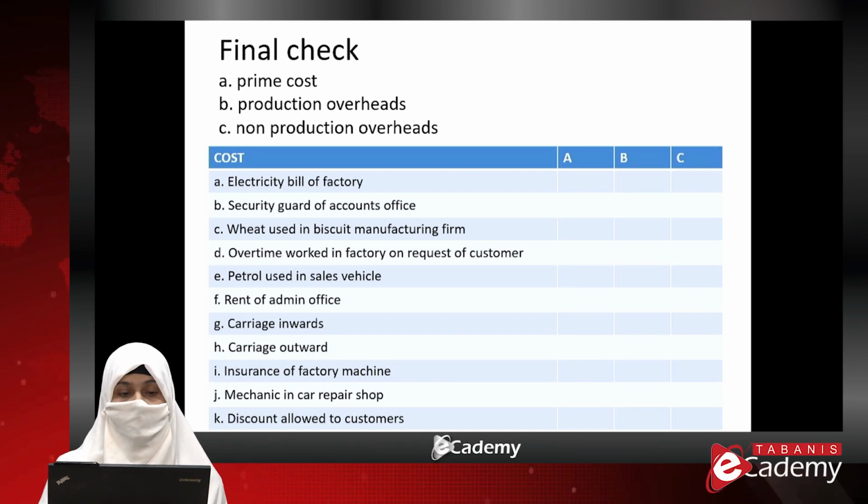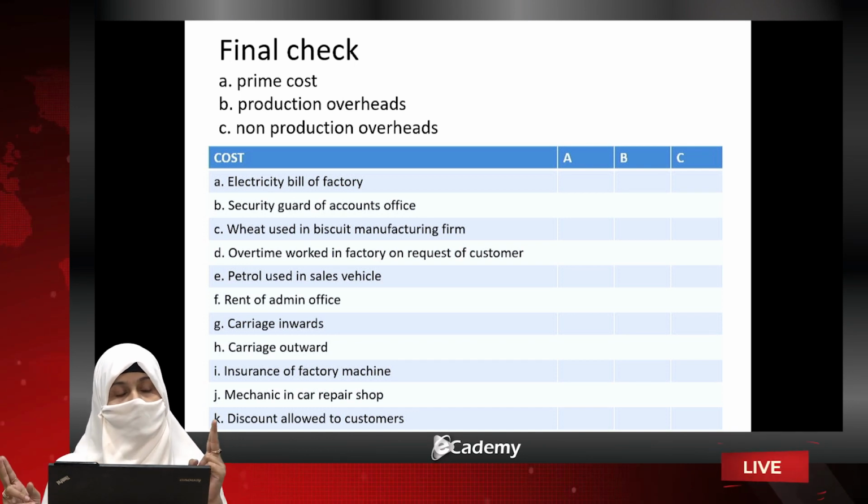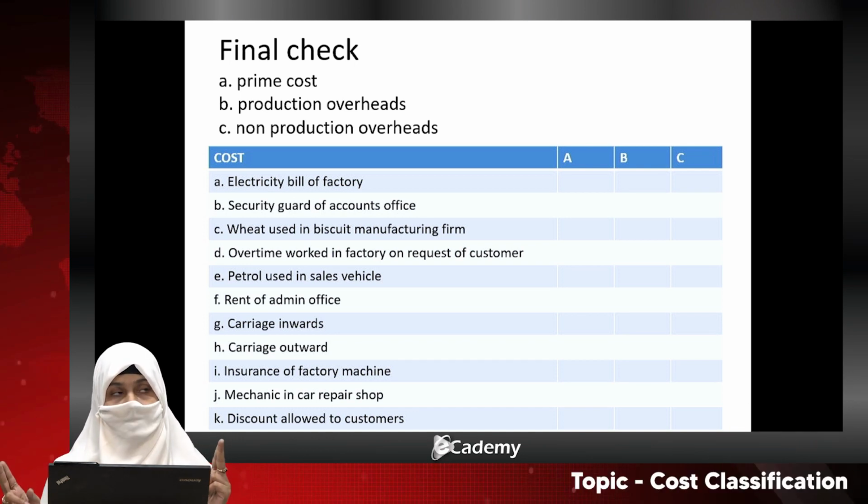My suggestion is, whenever you observe an expense, you first have to think in your mind whether this expense is direct or indirect. For an expense to be direct, it must fall under three heads: direct material, direct labor, or direct expense.